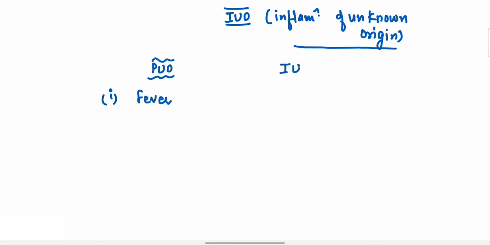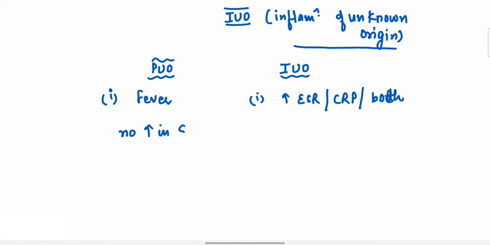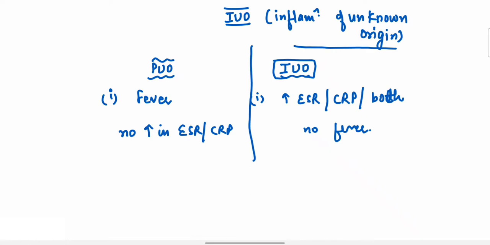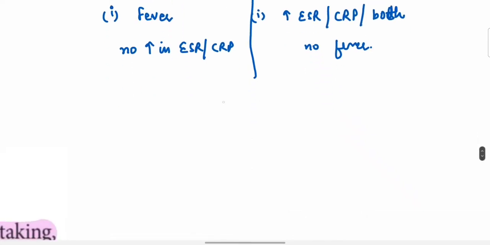In IUO, the first criterion is increase in ESR or CRP or both. Here there is no increase in inflammatory markers. Here there is no fever. This is the difference between IUO and PUO. But the workup for IUO and PUO is the same.